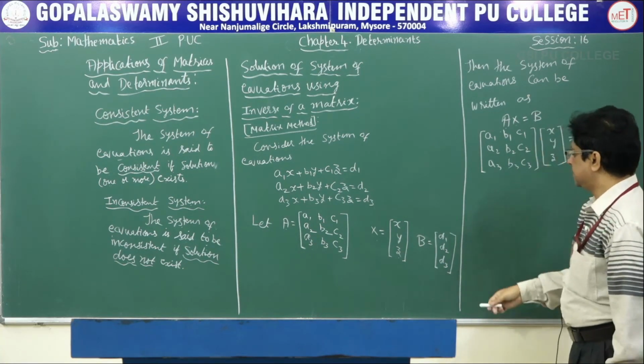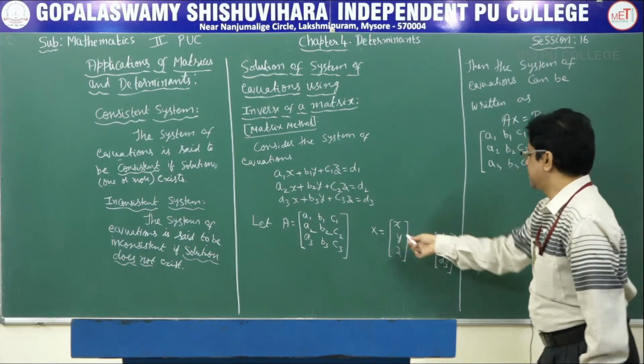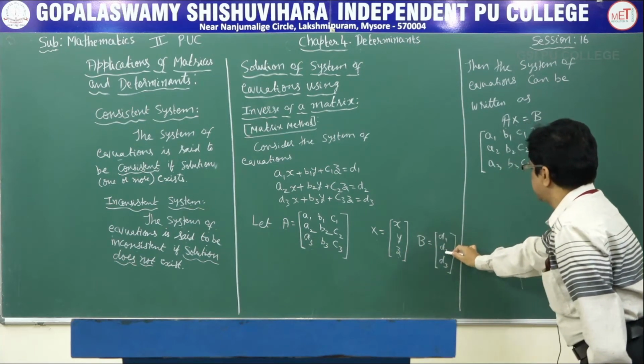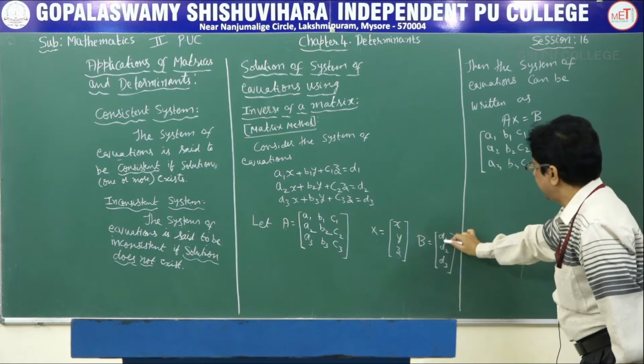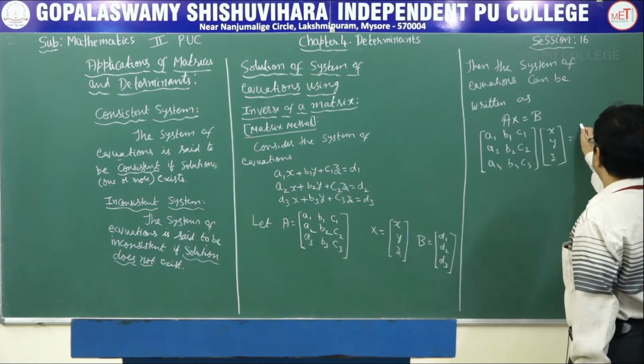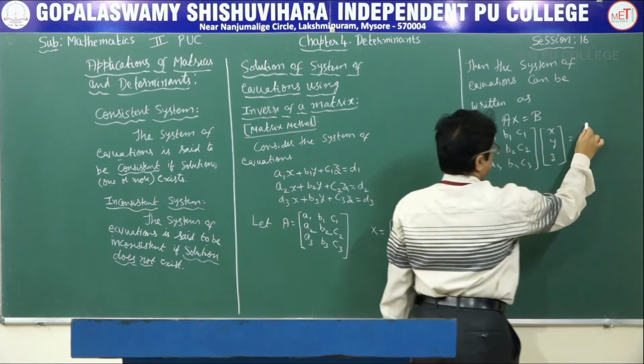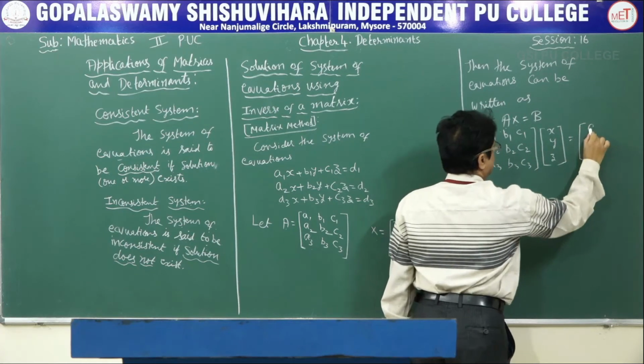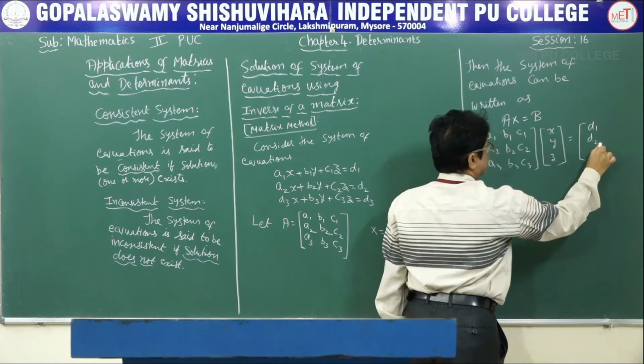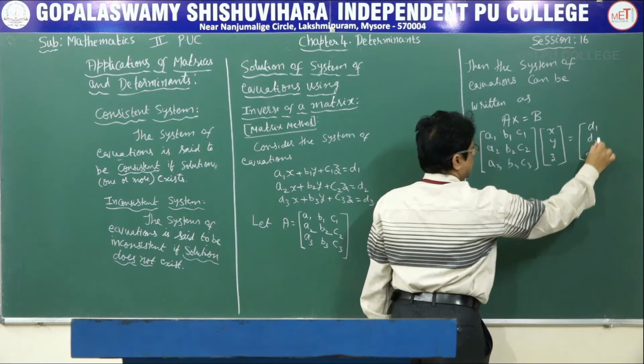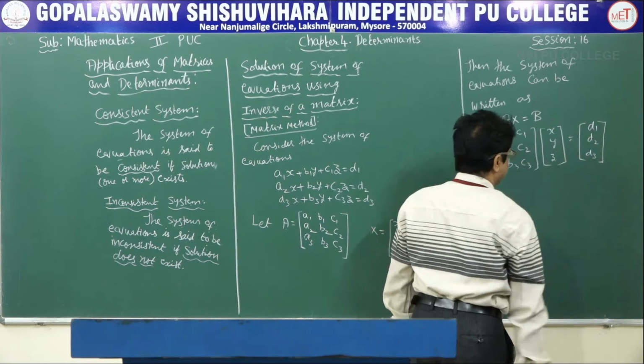That will be equal to B. B is nothing but the matrix whose elements are d1, d2, d3.